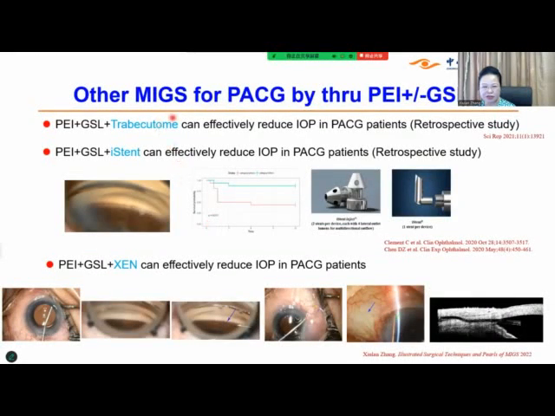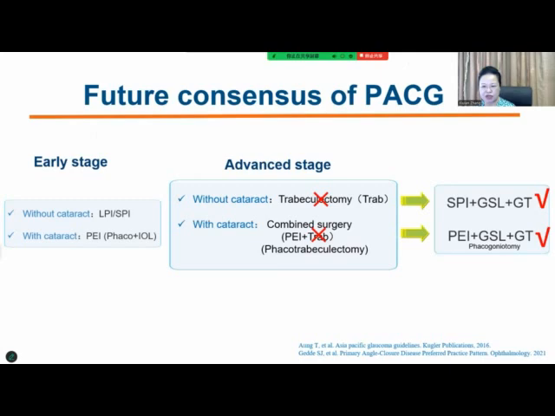Another MIGS can work well for PACG through PEI or combined GSL, such as PEI+GSL plus trabeculectomy plus iStent or even Zhang. So based on the above studies, we believe that the new combination surgery can bring a new option or new innovation in PACG.